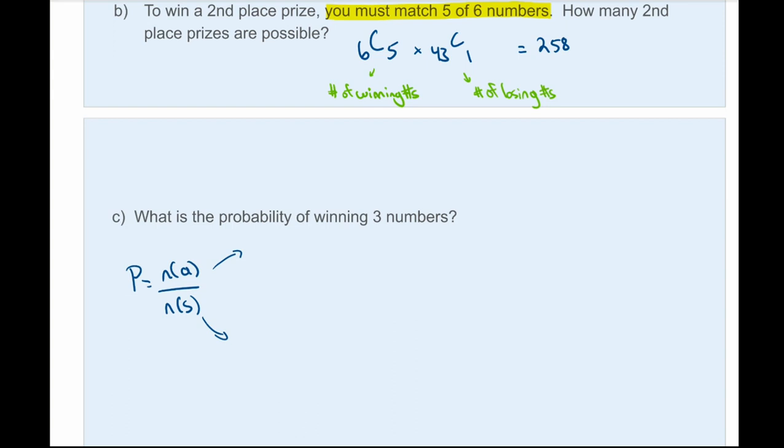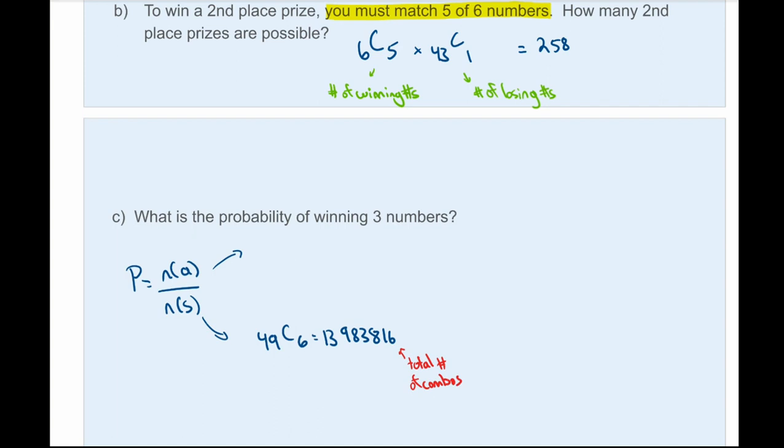In this case, n(S) we've already done. 49 choose 6, which gets me the 13,983,816 ways. So that's my total number of combinations.